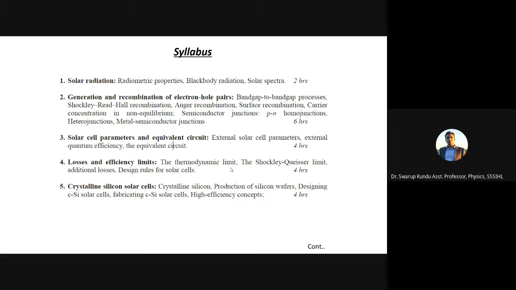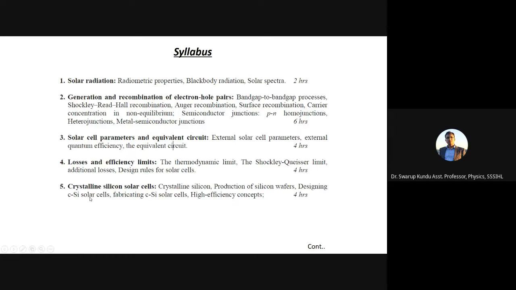So you'll understand why there is that 20% limit, where it comes from. Everything will start from scratch, and we'll do the theoretical calculation and understand these things.